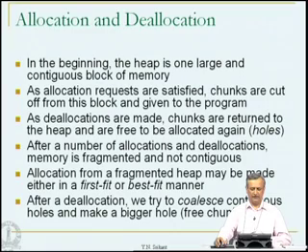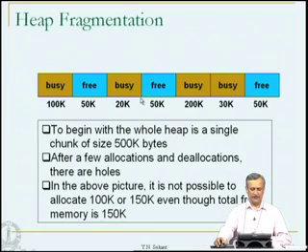Now let us look at a picture to understand what is happening. Here is a large piece of memory. To begin with, the whole heap is a single chunk of size 500k bytes. Let us say we allocated all these. We made a request for 100, then 50, then 20, then 50, then 200, then 30, then 50 and so on.